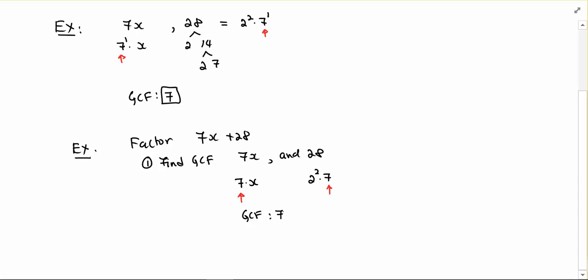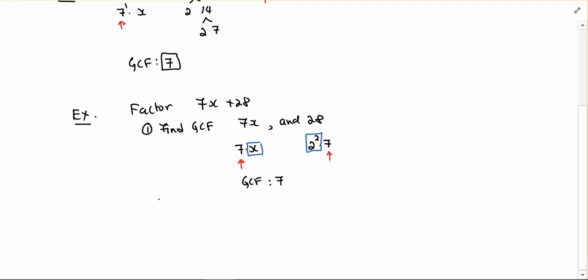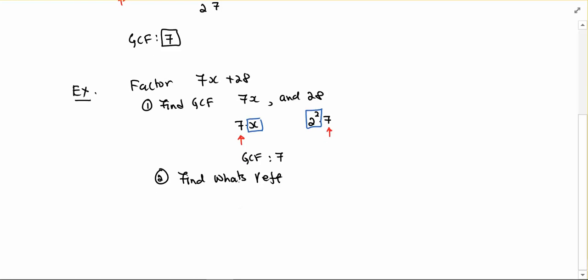Now we didn't really pay much attention to what was left. So once we figured out the GCF for 7, notice that there are pieces left, right? So those two are left behind. So the way you factor this is you find the GCF and you find what's left, and then you write it with the GCF in the front multiplying into what's left.